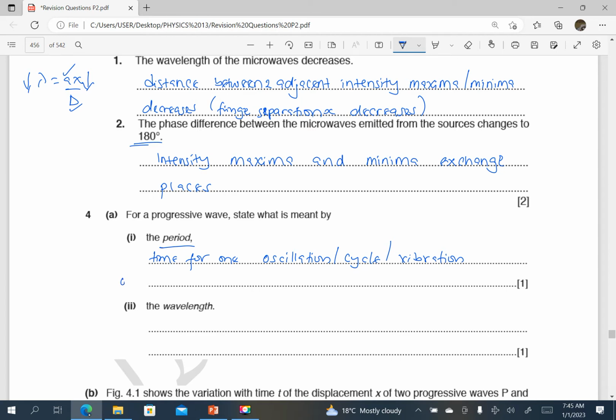Somebody can define the period in more detail and say that this is the time between two adjacent wavefronts. That is the period, or it is the time between two adjacent points that are in phase.